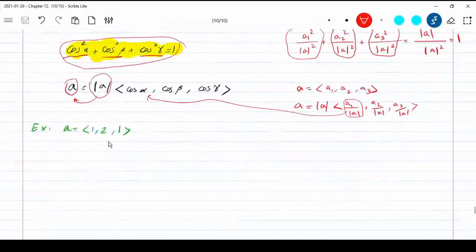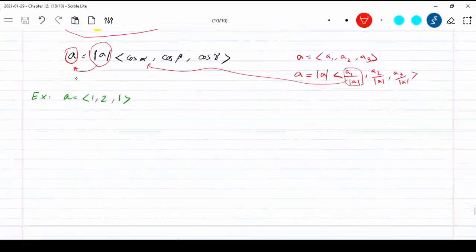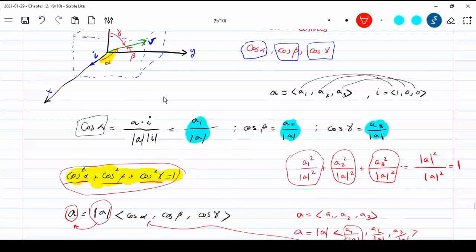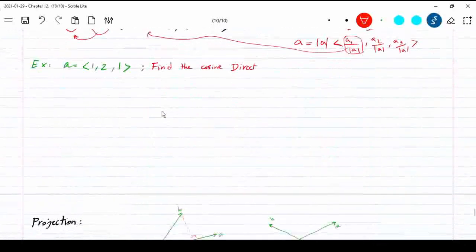So here's an example A, and they ask you to find the direction cosines.